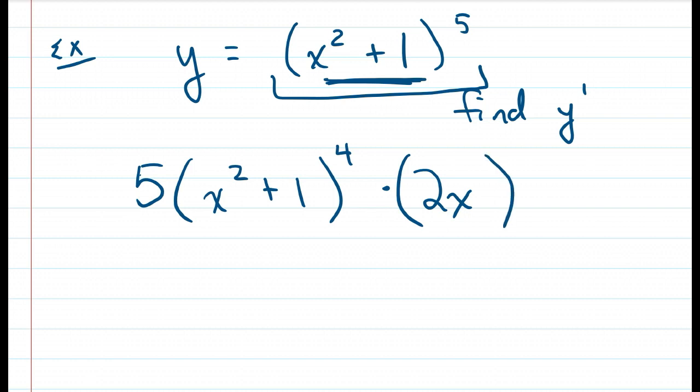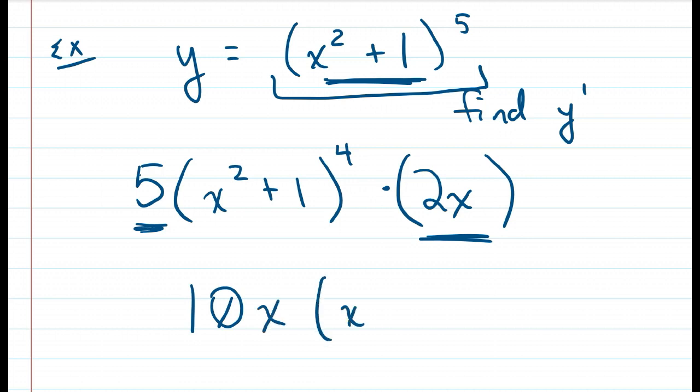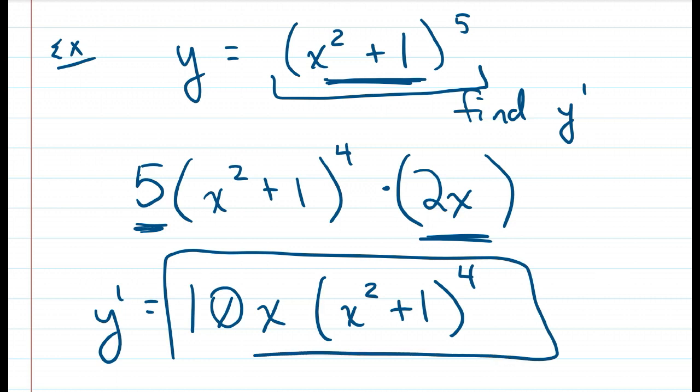So it's times 2x. And now, again, just like in our previous problem, it's just a matter of cleaning things up a little bit. Maybe we can multiply the 5 and the 2x to get 10x, and then that's times the quantity of x squared plus 1 to the fourth power. So this is what y prime is equal to.